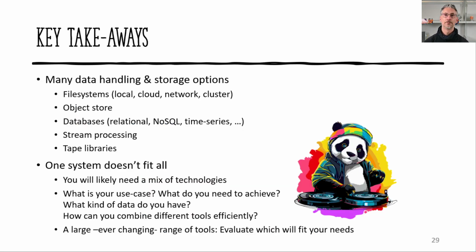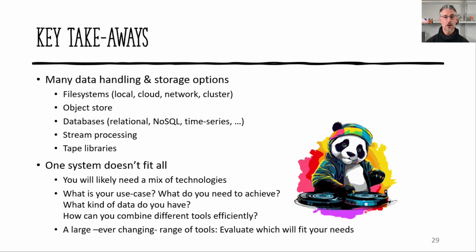So you can see that building a storage system is not a trivial task. We have many data handling and data storage options, ranging from our local file systems to cloud file systems or a cluster, object store, different types of databases, stream processing, and so on. So one system doesn't fit all our requirements, so we will likely need a mix of technologies. That means before we start building our research data management setup and framework, we need to be clear about our use case and what we want to achieve.